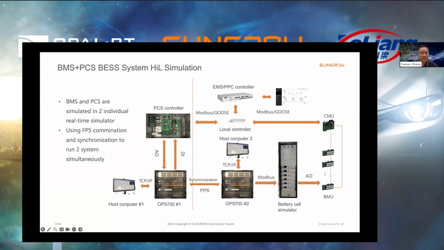And the other side is the PCS controller HIL test platform. So we can use fiber optics to connect these two real-time simulators, and run the whole system simultaneously. So in this case, we can simulate thousands of battery cells, together with our BMU, our local controller, and the power plant controller, together with our PCS.